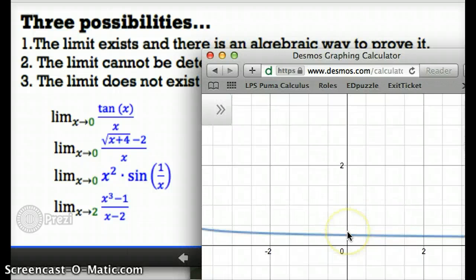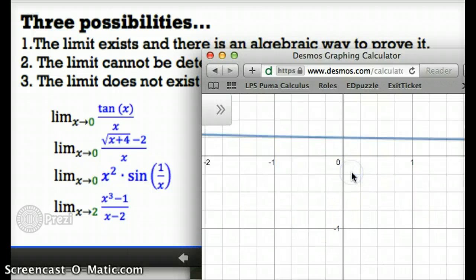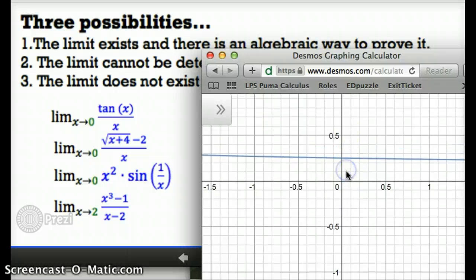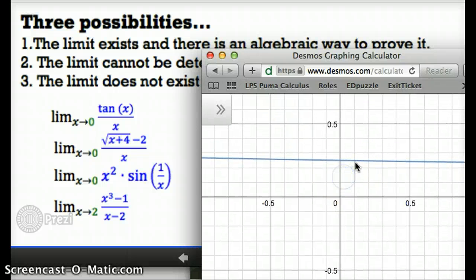And again, I'm zooming in to get closer and closer to 0 here, and it looks like a pretty normal function. I can do the same tracing thing, but even without going through all of this, I'm going to guess that this function has a limit, and it looks like the limit is somewhere around 0.25 maybe. That would be my guess.